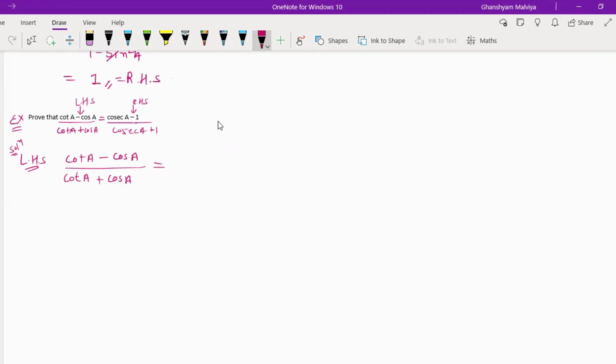So here it is not in the form of cosec A; we are not observing cosec A anywhere. So you have to transform this.